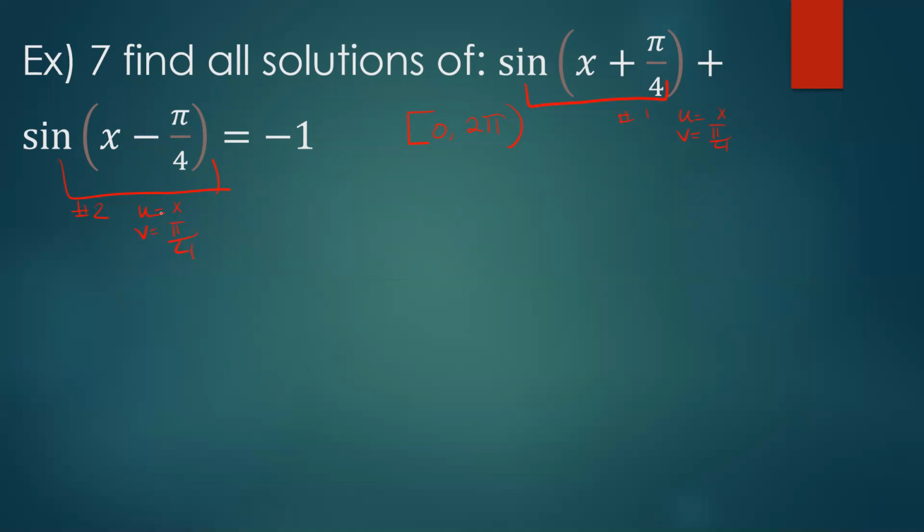Okay, so let's start with this one. When you simplify that, that's going to be sine of x times cosine of v, which is pi over 4, plus cosine of x times sine of pi over 4.